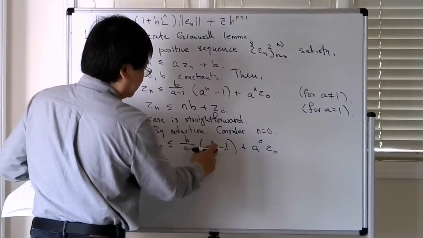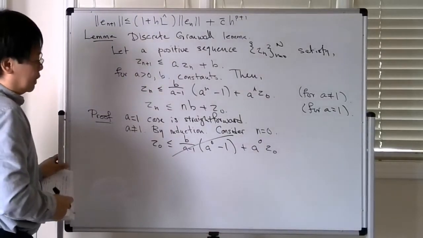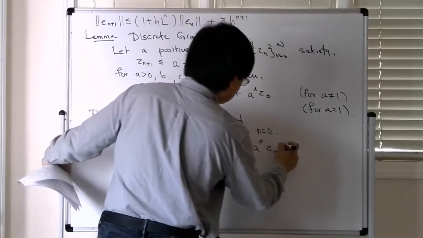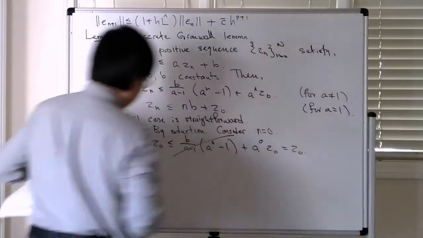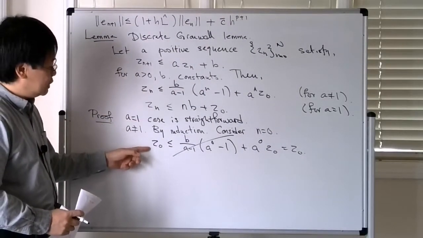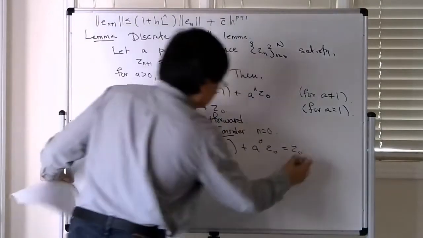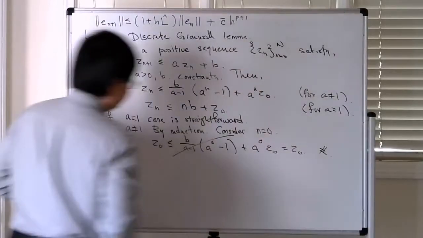Of course a to the 0 is 1, 1 minus 1 is 0, so this term vanishes. And then a to the 0 z0 is nothing more than z0. So the inequality reduces to z0 is less than or equal to z0, which of course is satisfied. So we're good here.